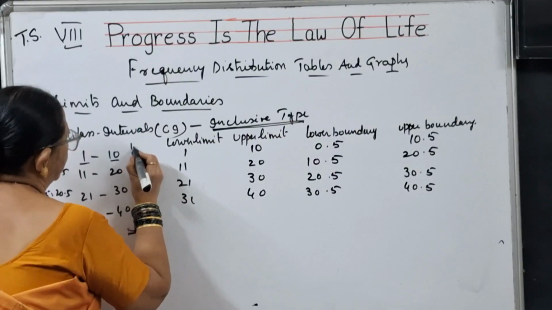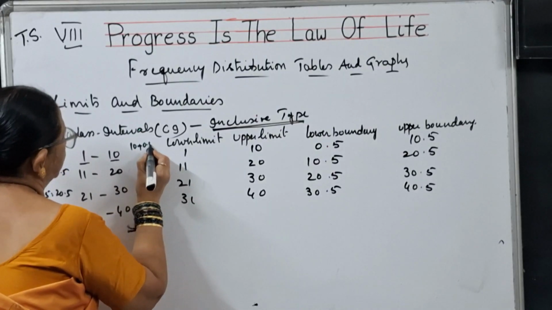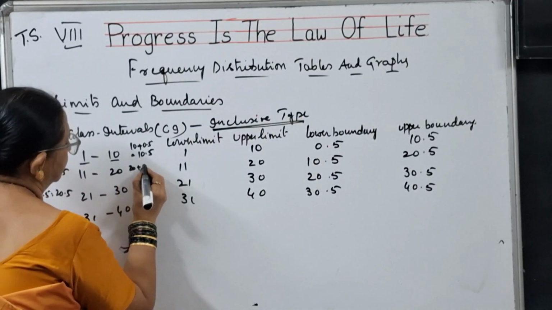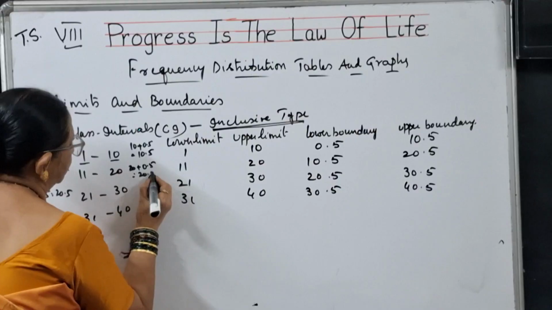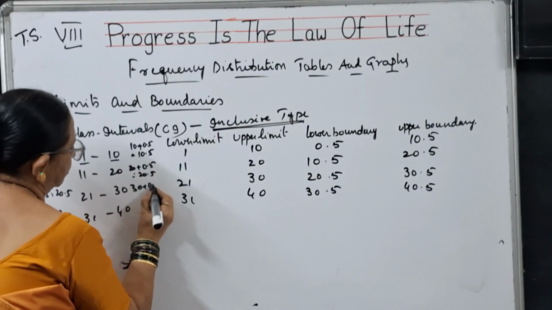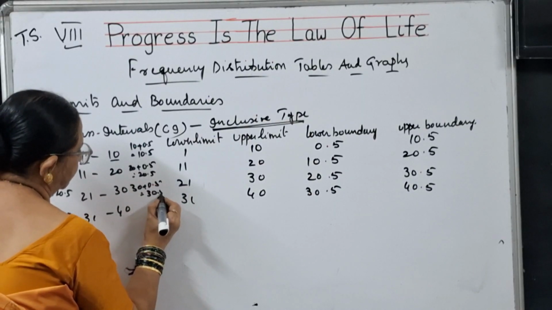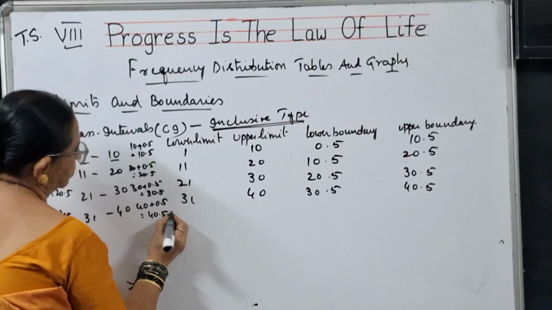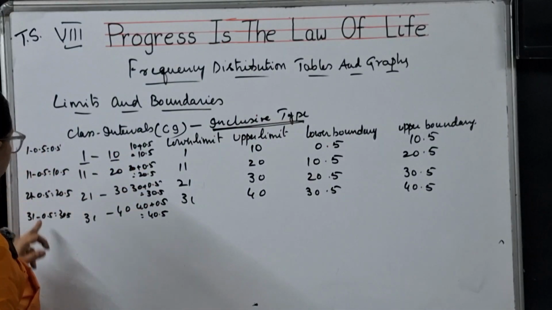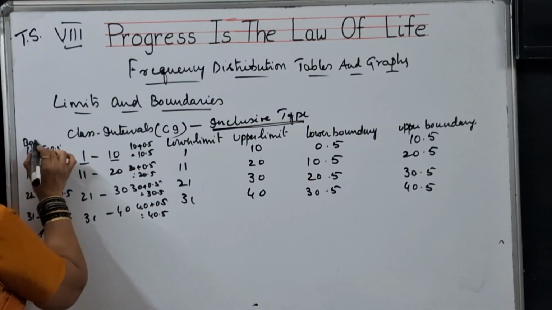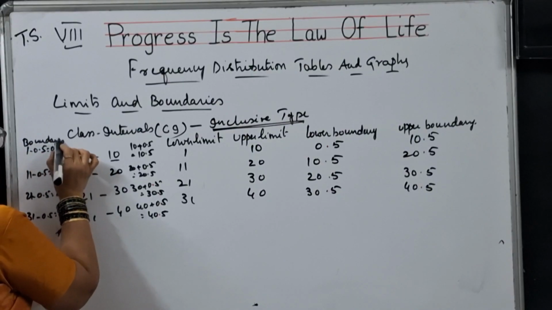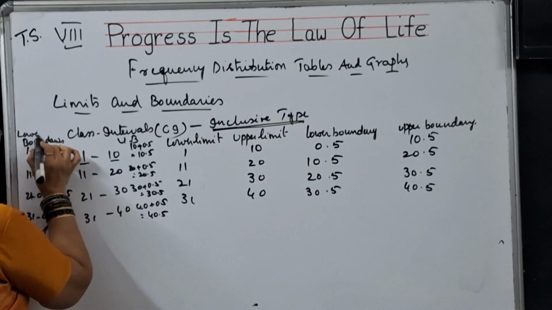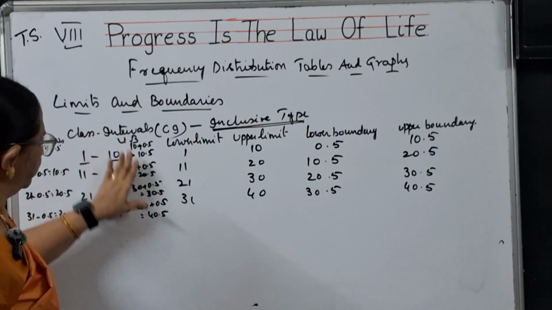And here 10 plus 0.5 is 10.5, 20 plus 0.5 is 20.5, 30 plus 0.5 is 30.5, 40 plus 0.5 is 40.5. So these are the boundaries. This is the upper boundary and this is the lower boundary. Lower side, lower boundary; upper side, upper boundary.